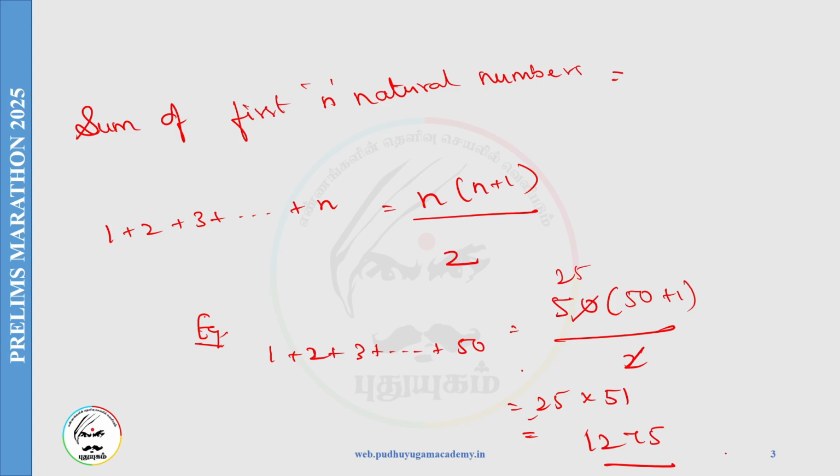Sum of first n natural numbers formula is n of n plus 1 divided by 2, right?